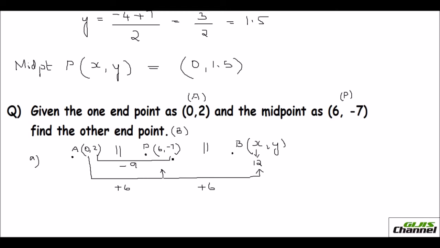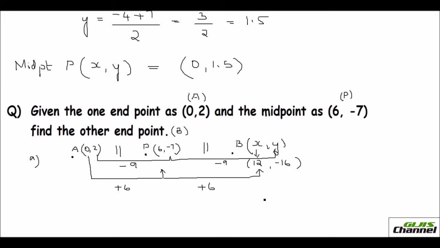The same way you have to take away 9 from this to get your y. So it is negative 7 minus 9, which gives you minus 16, and hence your point is 12 comma negative 16.